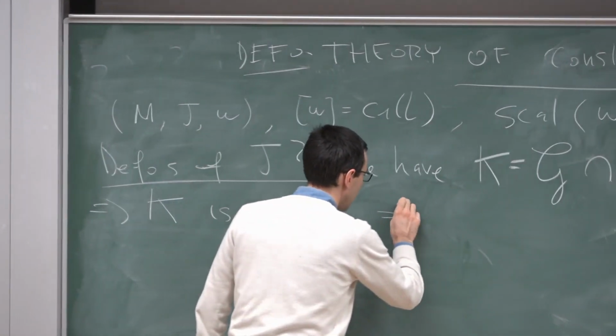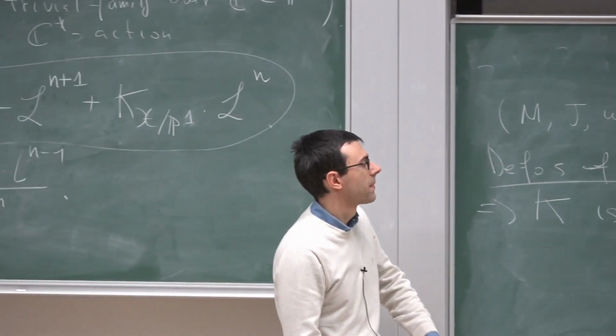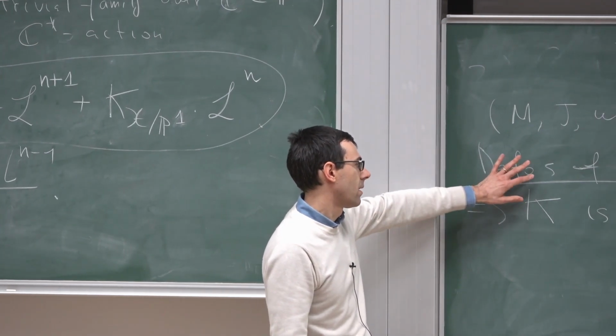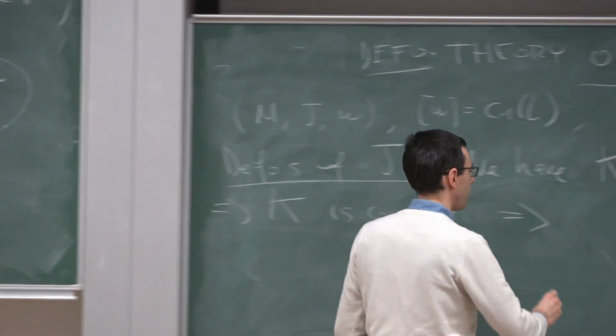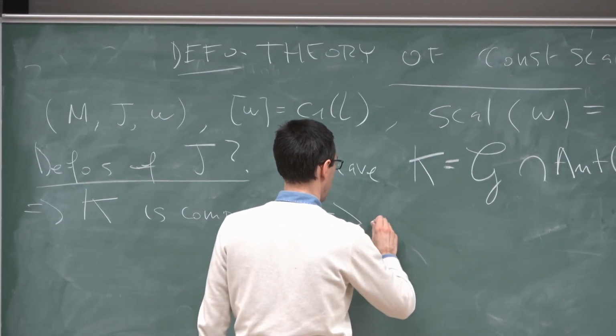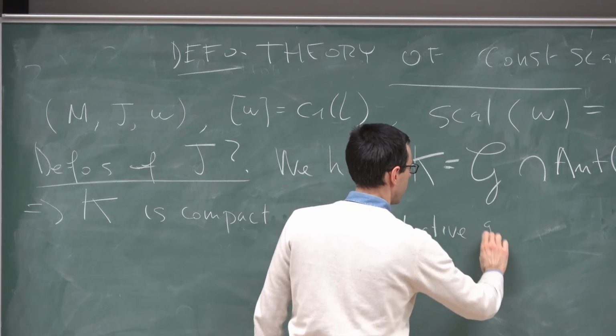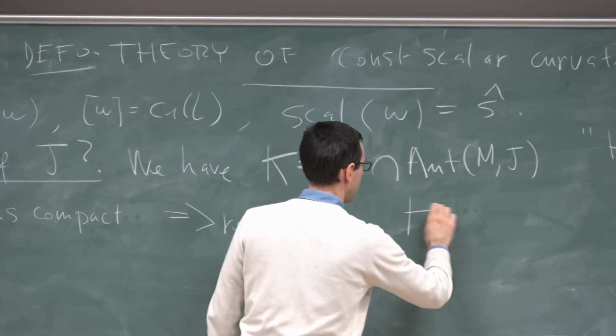So you have attached to this situation a complexification, K_C. You have a reductive group K_C.